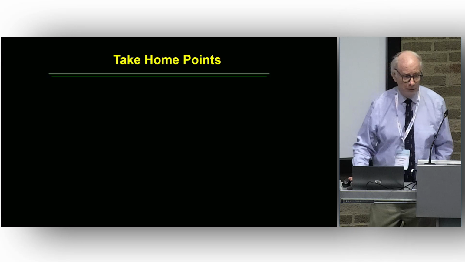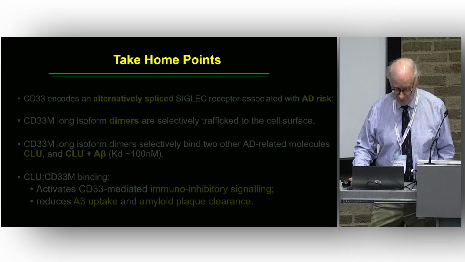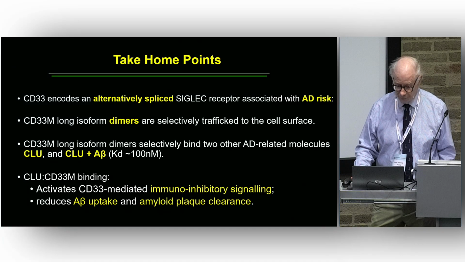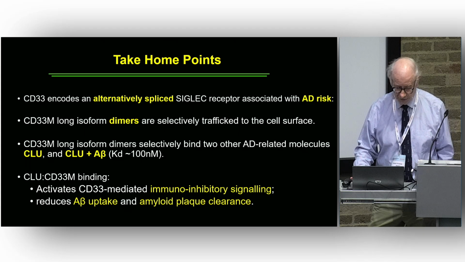So the take-home points that I'd like to leave you with are that CD33 encodes an alternatively spliced sialic acid receptor, which is associated with risk for Alzheimer's disease. The splice forms are two forms.